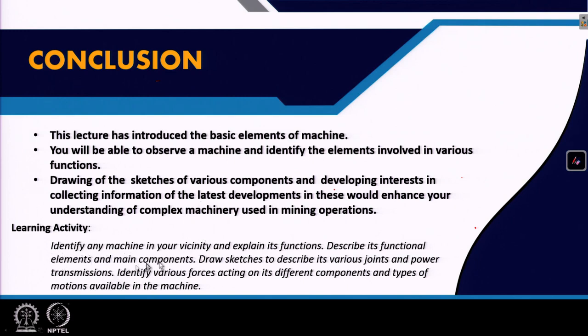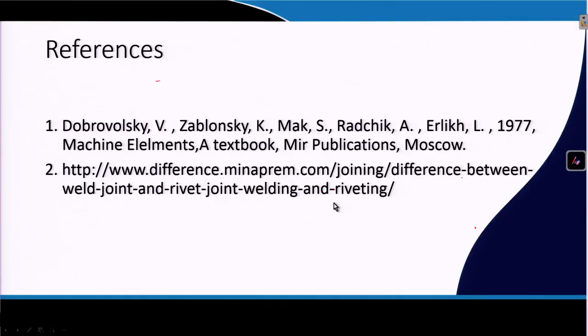Please do this activity along with the one I just described: identify a machine in your vicinity and explain its functions, describe its functional elements and components, draw sketches to describe its various joints and power transmission, and identify the various forces acting on the different components and the types of motion available in that machine. If you do that, it will help you understand machines in a much better way.